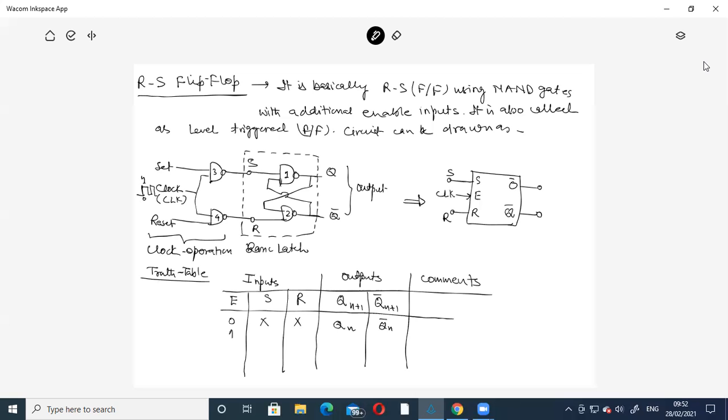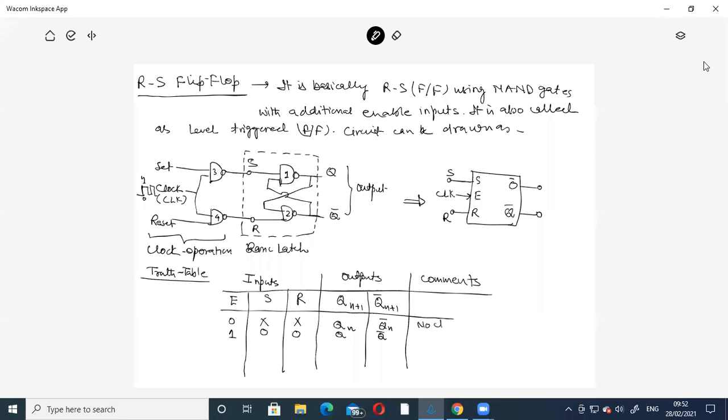If the clock is 1, and both inputs are 0, 0, in the same case, the output will be Q and Q bar. So we can say no change.